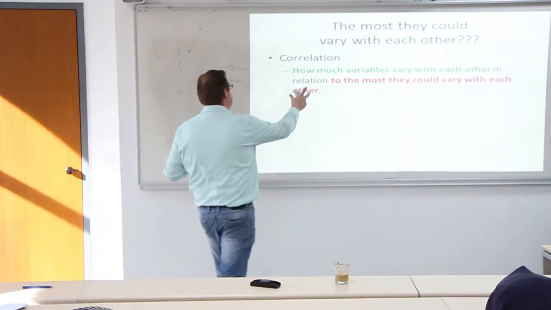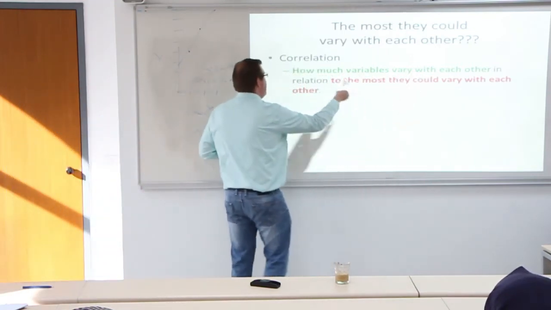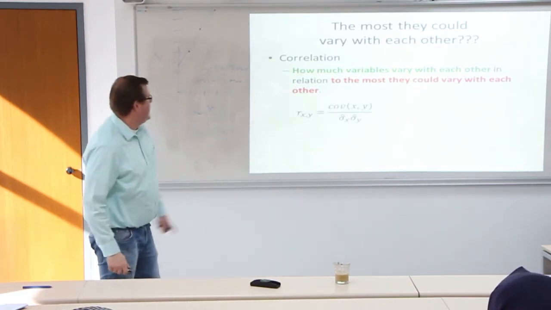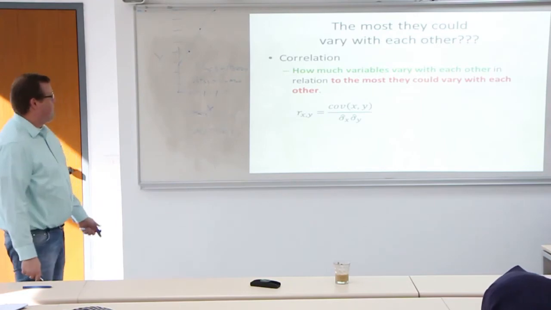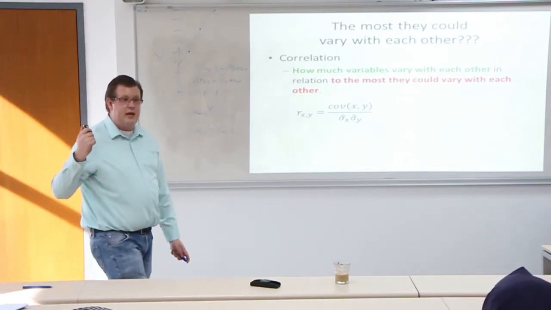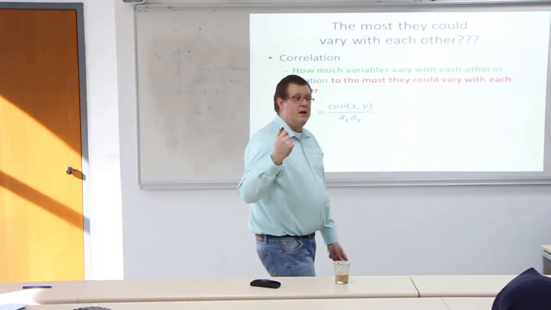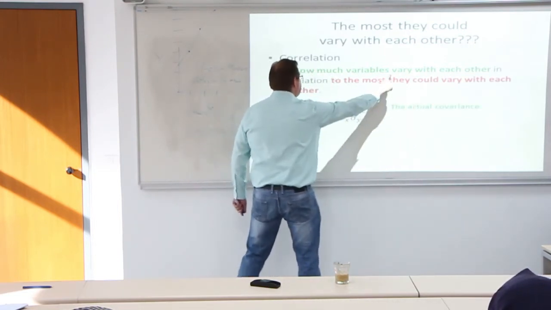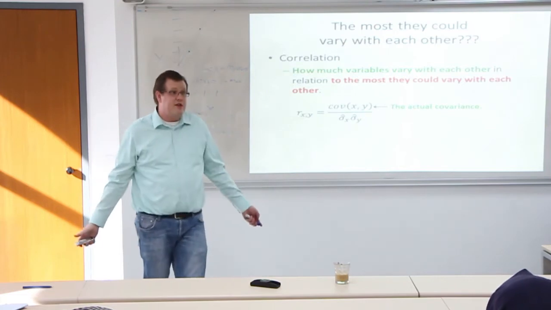Okay, so this last part, the most that they can vary with each other. So we said the correlation is how much variables vary with each other in relationship to the most they can vary with each other. So we have the correlation. How much the variables vary with each other, that is the covariance. That's this top part. So the actual covariance, that's this. How much the variables vary with each other.